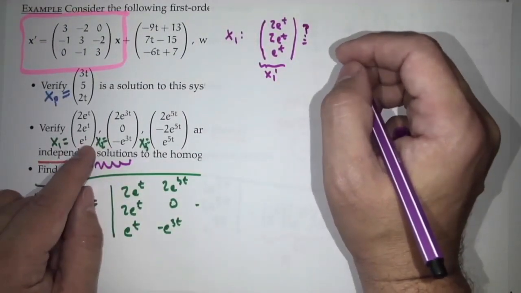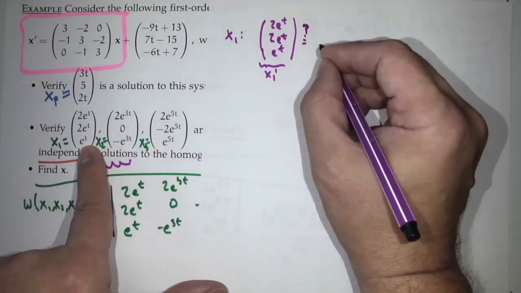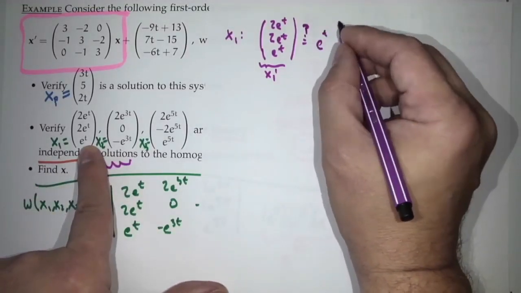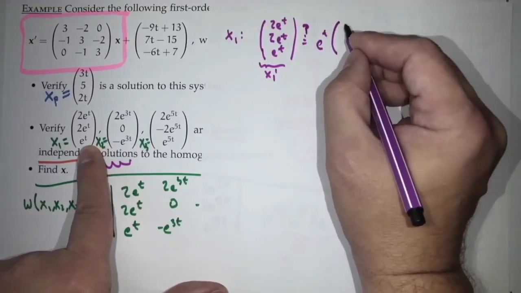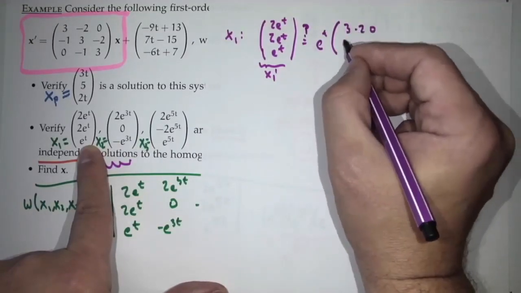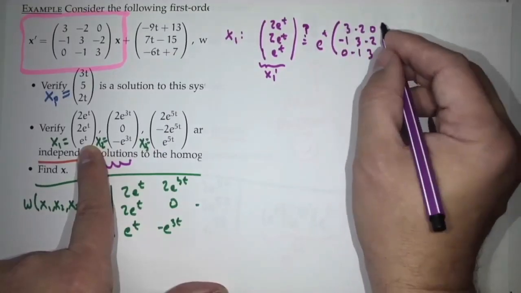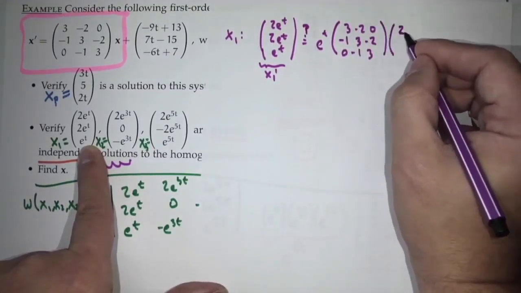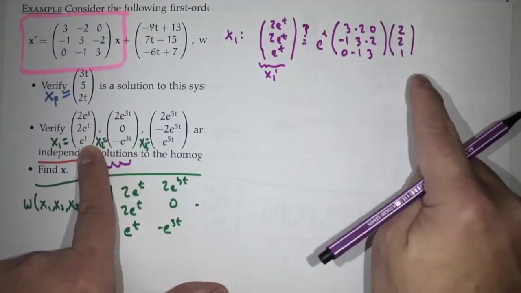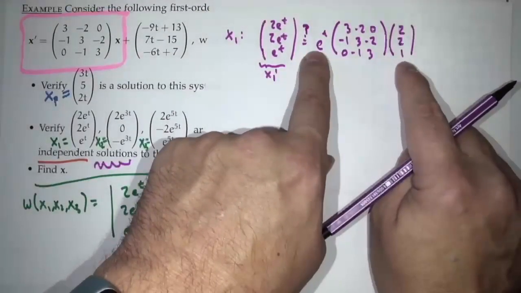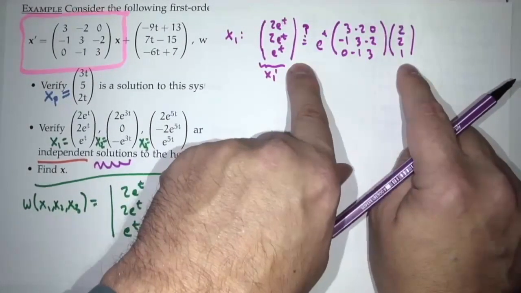Again, we can pull e to the t out. So I'm going to pull e to the t out. And then we have this 3 minus 2, 0, minus 1, 3, minus 2, 0, minus 1, 3, times 2, 2, 1. So e to the t times 2, 2, 1, that's our x1. So I just pulled the e to the t out.